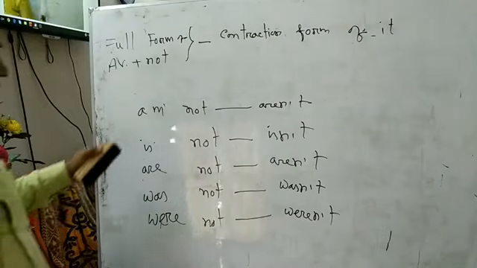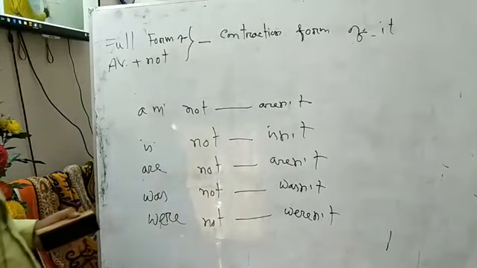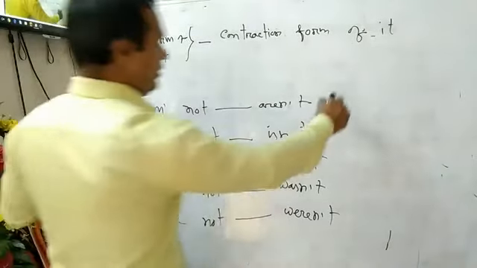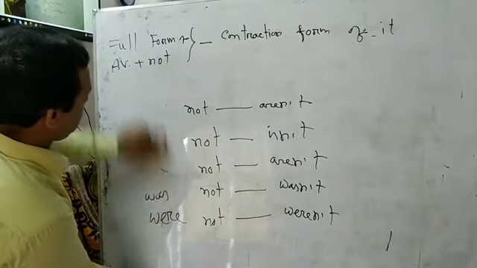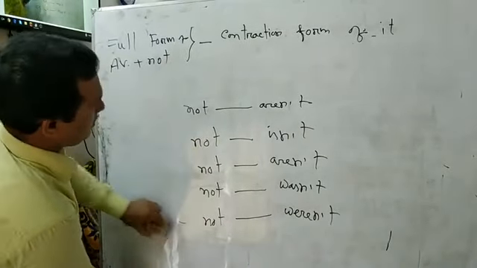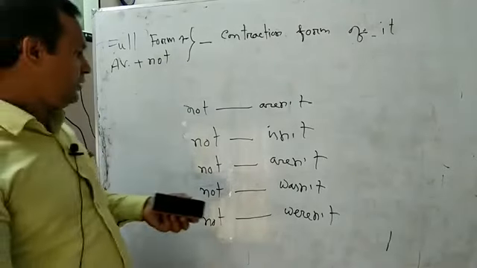These are the contraction forms of the to be verbs. Then I am writing another set.